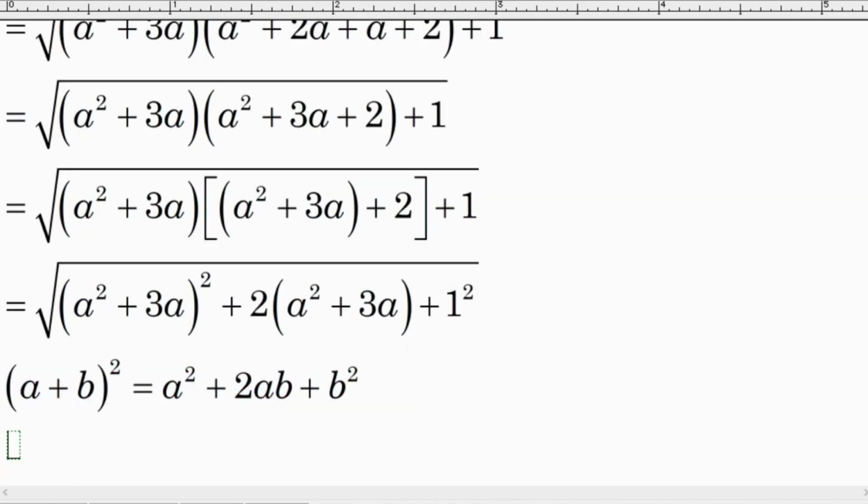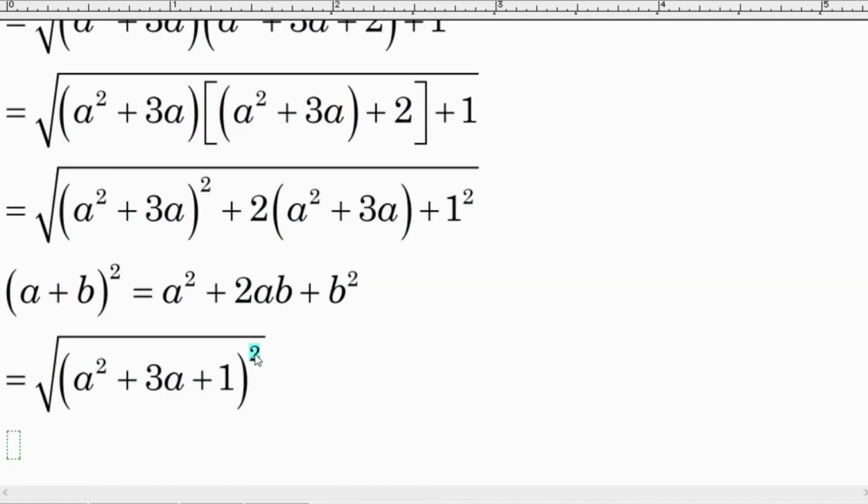So now I can write a plus b, which is a square plus 3a, and then plus b, which is 1, all raised to square. Now we have a square inside the square root, so we can simplify together. We will get the number under the square root here: a square plus 3a plus 1.